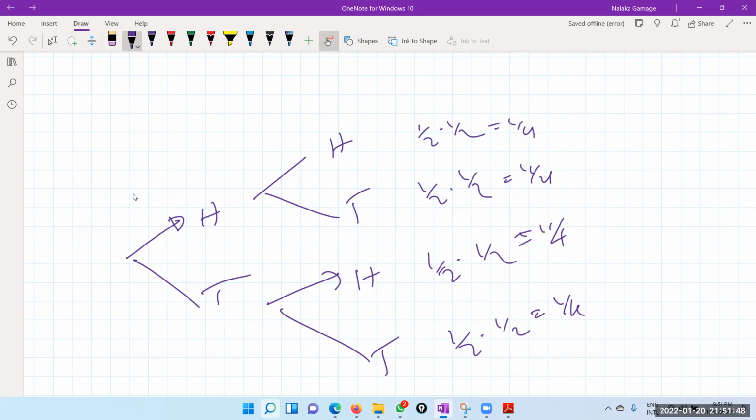Because first one must be head. When first one is head, what is the probability of second one is also head? ඒ කියන්නේ අපිට මේ පැත්ත ගන්න ඕනේ නැහැ නේ. So we don't have to consider this because first one is head. What is the probability of the other one is also head?